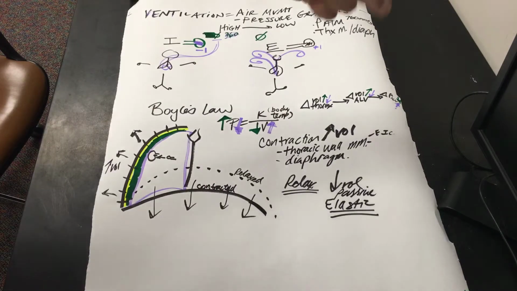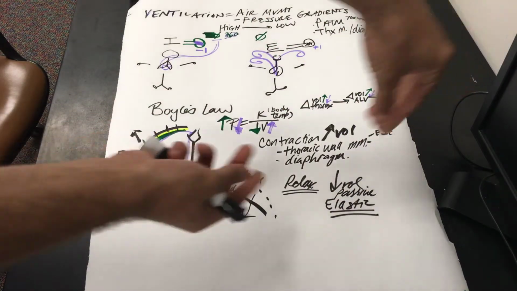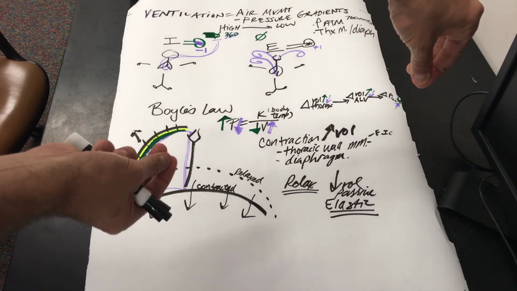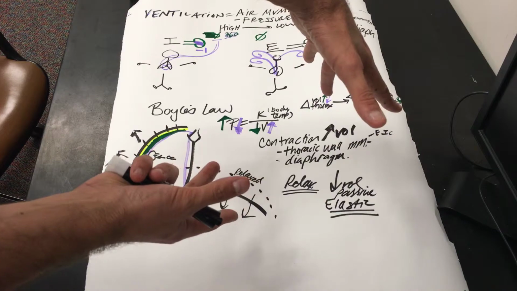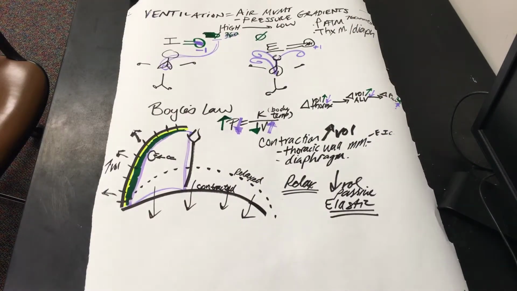Just like we pull out a rubber band, just like we pulled the thorax open, elastic in a rubber band stands ready to snap back into place as soon as you release it. And that's what happens here. And that's why the chest can passively recoil when contraction stops. Okay.